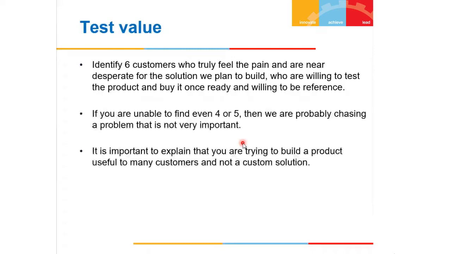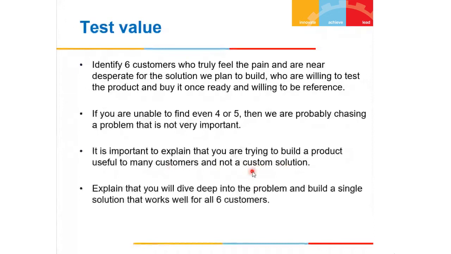And I think we saw this concept earlier also. Especially in the case of a B2B product, it is important to explain that we are trying to build a product which is useful to many customers and not a custom solution. So this expectation should be set right in the beginning with those potential pilot customers. Then explain that you will deep dive into the problem and build a single solution that works well for 6 customers.